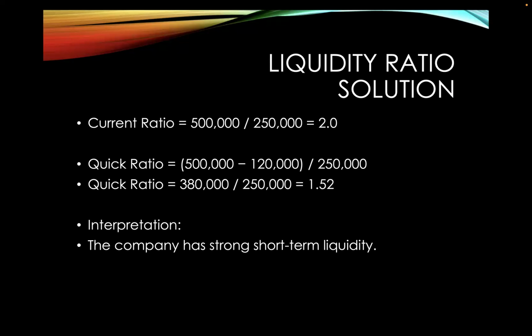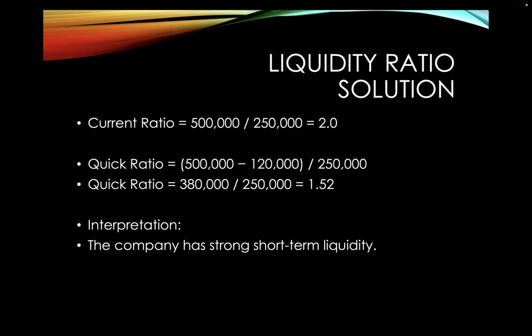So we have 2.0. Now for quick ratio, remember we just have to exclude your inventory. So current asset of 500,000 less 120,000 over 250,000, that's 1.52.